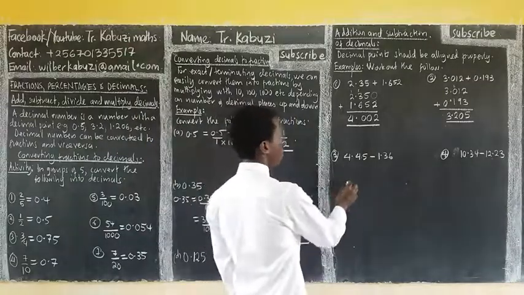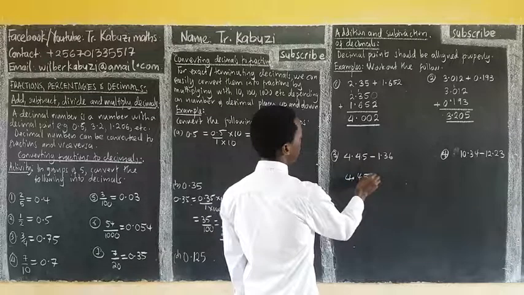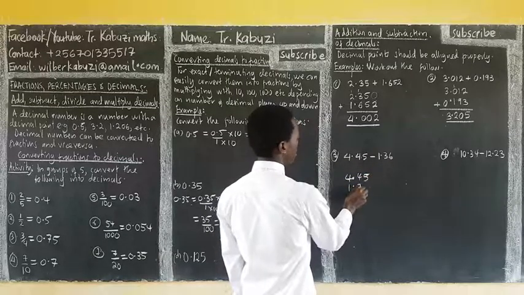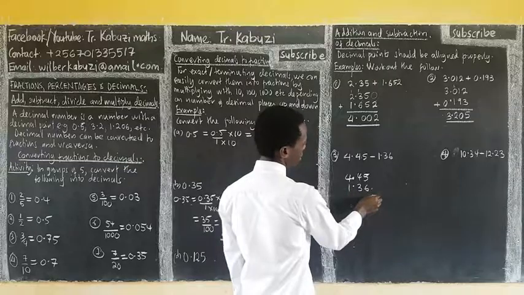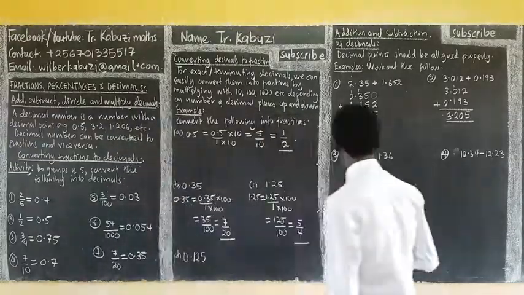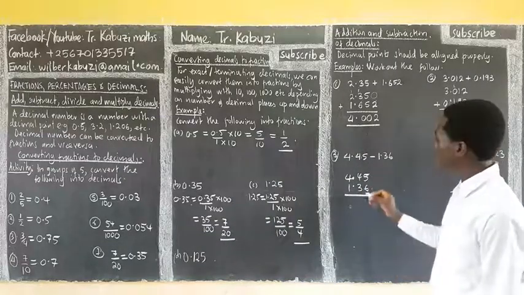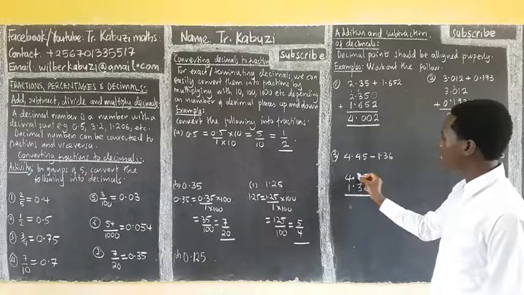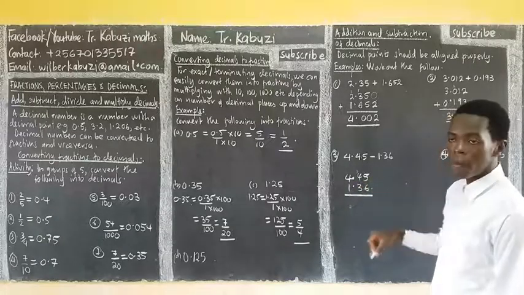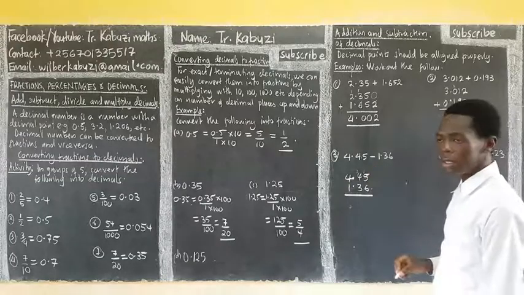Let us see what happens if we have to subtract. Now we have 4.45, and we are subtracting 1.36. So what happens there? Now we see 5 minus 6. This one is bigger than this, so we borrow. When we borrow, here we remain with 3. Then we are borrowing 10 because we are in less than 10, so we bring here now 1.